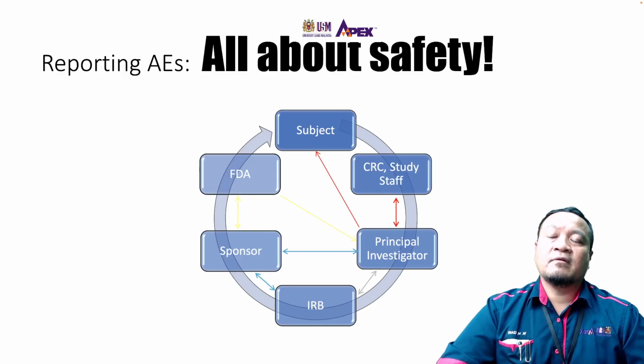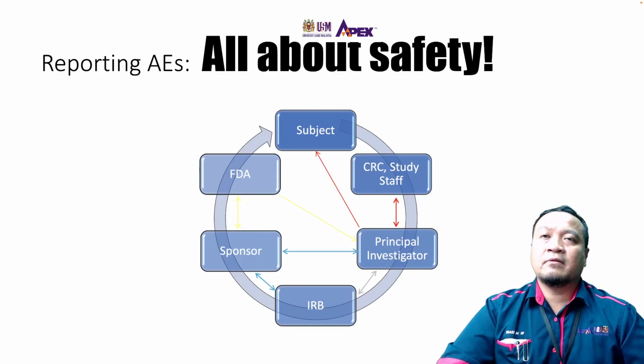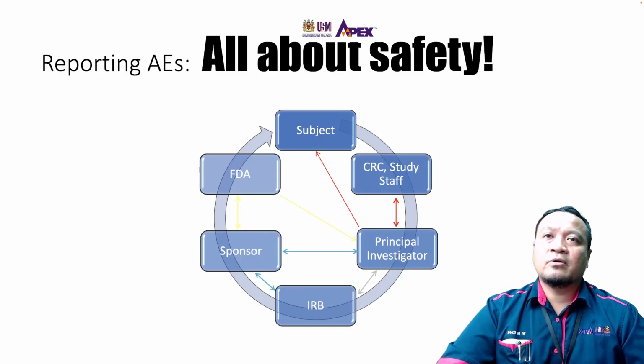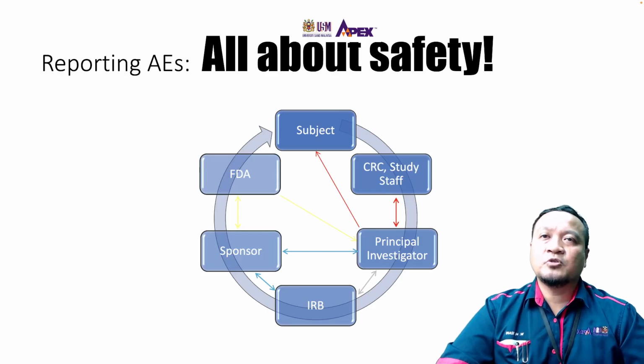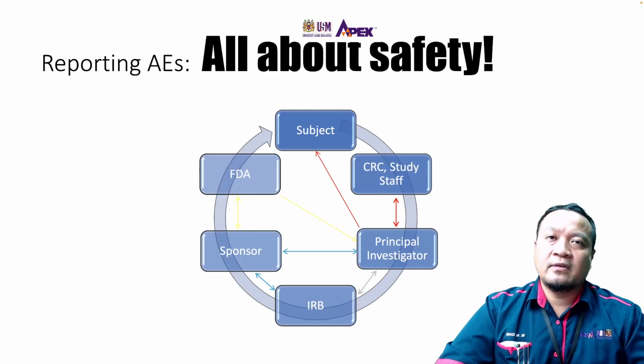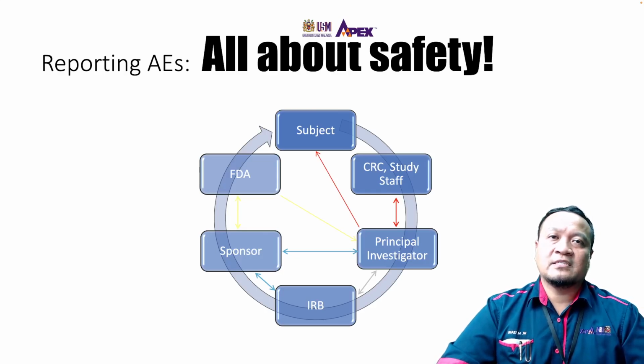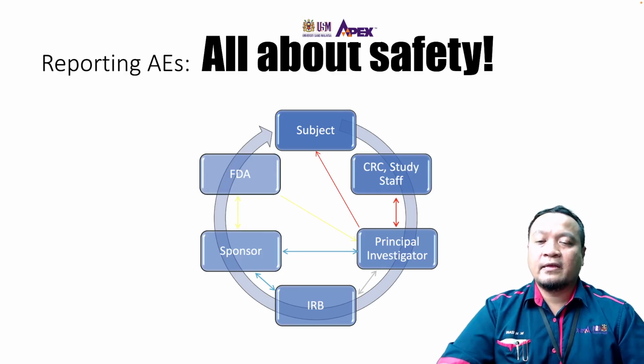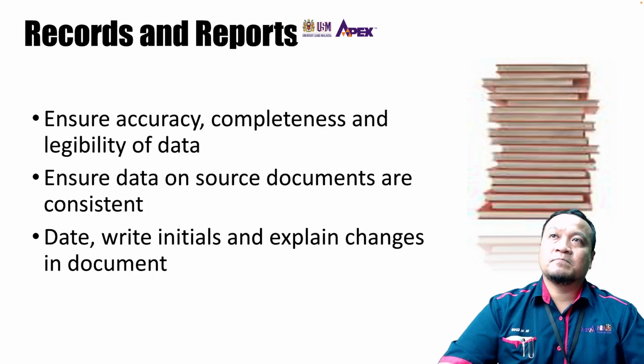And in the event of an audit, for example by an external authority or monitoring board, for example the FDA, they come to the site and will need to audit the site, and will be in communication with the principal investigators. They will analyze the data, all the AEs and other documentation.